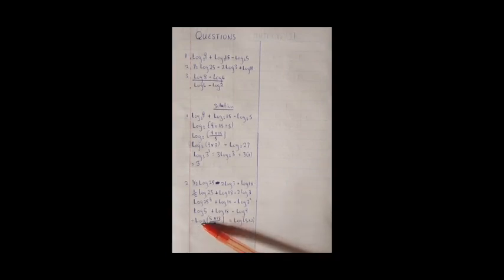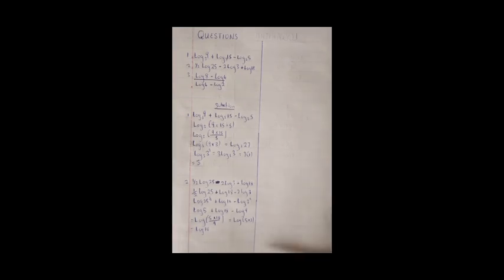Now 9 into 18 is what? 2. So we'll be having log 5 times 2, and 5 times 2 is what? 10. So we'll be having log 10. Now remember that I told you guys that the ones that did not give us the base are all in base 10.